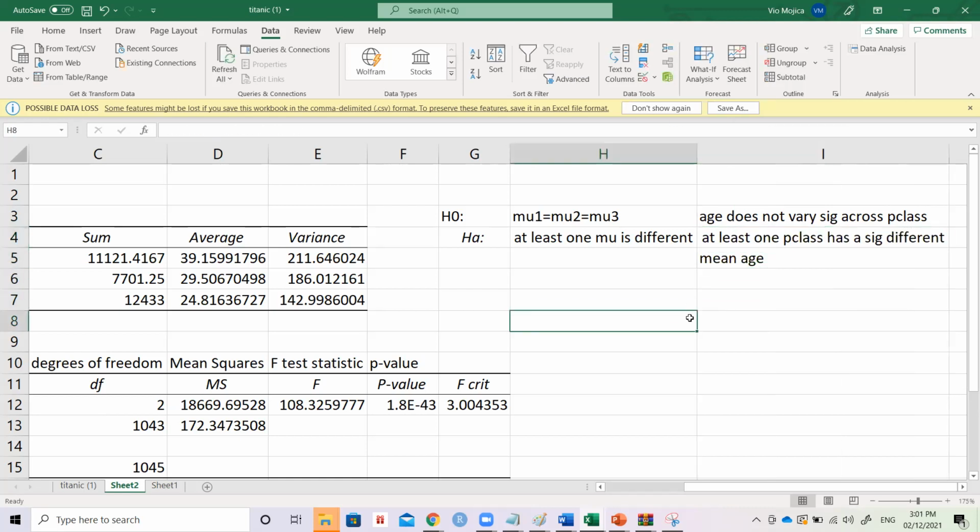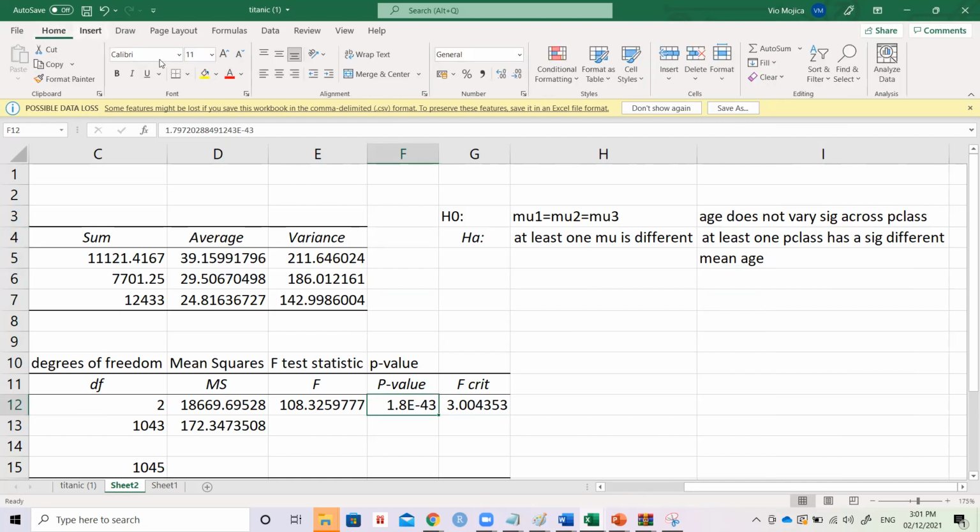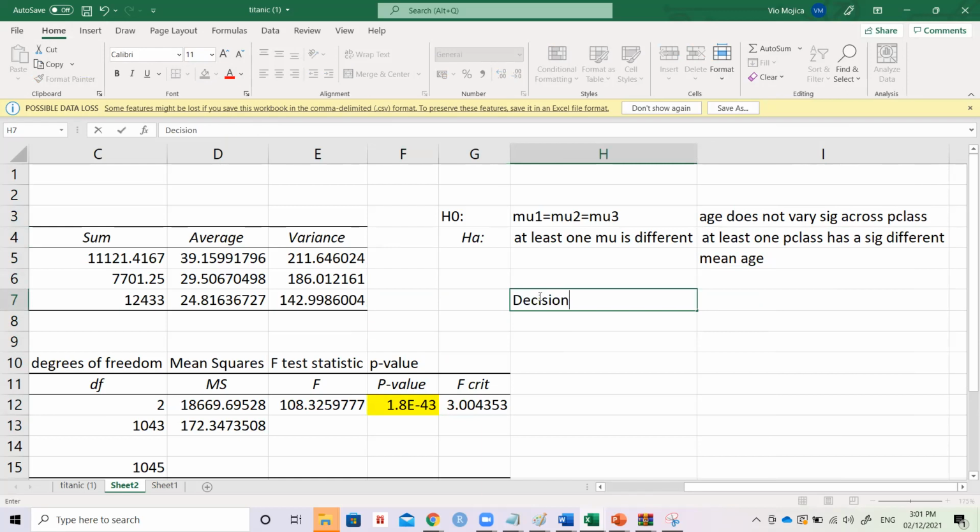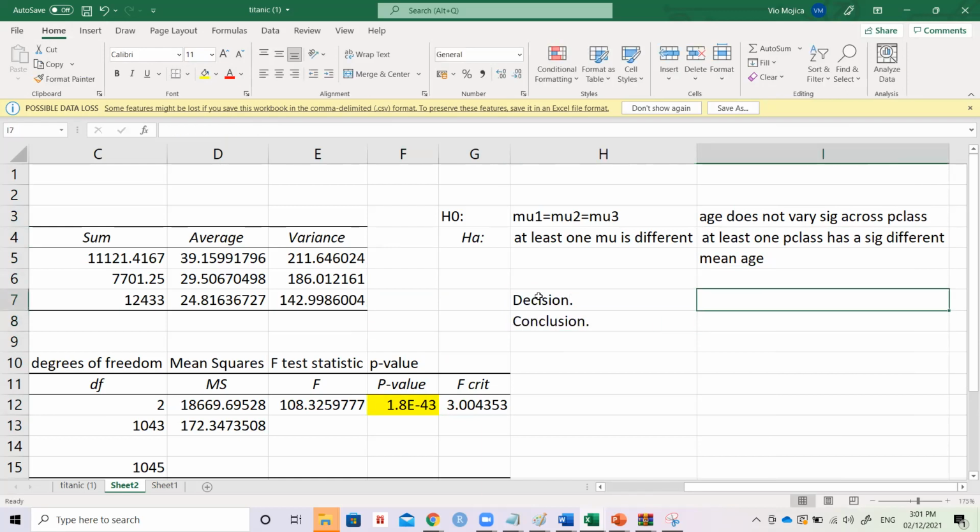Given this p-value, 1.8 times 10 to the negative 43, what will be our decision and conclusion? So same steps: decision, conclusion. Our p-value is 1.8 times 10 to the negative 43, and also our F value is greater than our F critical value.